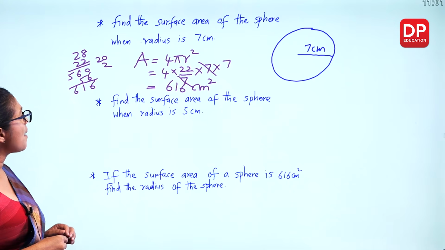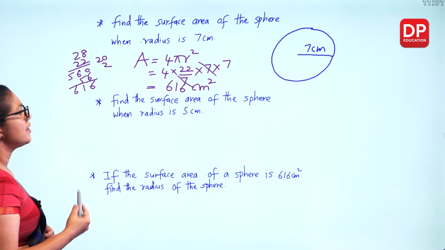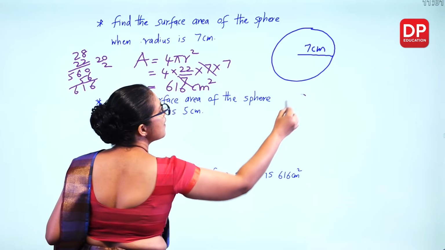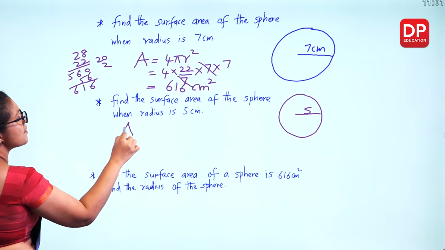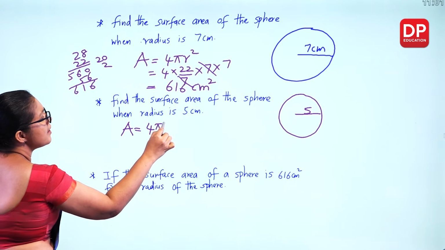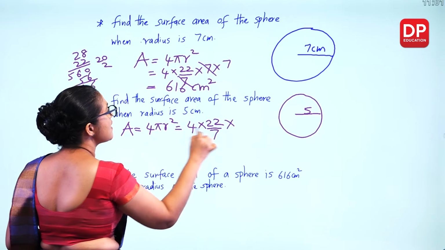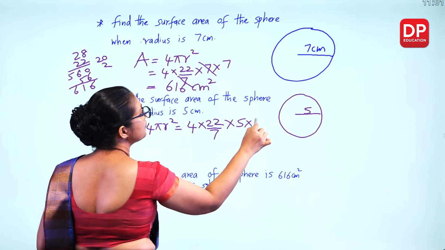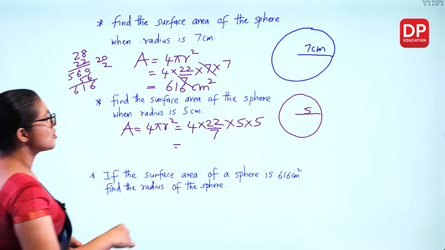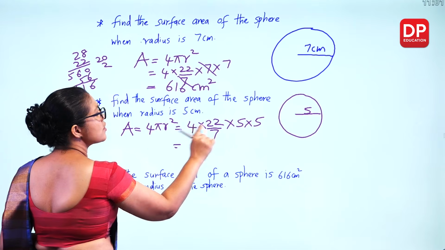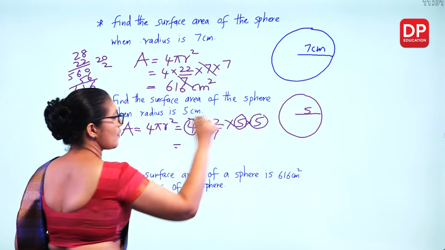Take the other example. Find the surface area of the sphere when the radius is 5. Now r is given as 5. What's the surface area? 4 pi r squared. Plug in the values: 4 times pi, which is 22 over 7, radius is 5. Now I can use a short method. 4 times 5 is 20. 20 times 5 is 100.